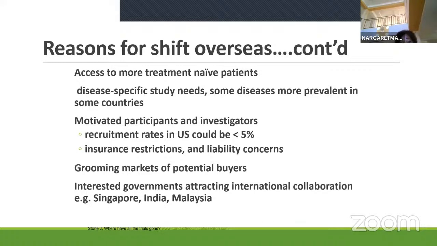Recruitment rates in the United States could be less than 5% because of the need for insurance, restrictions, liability concerns, etc. And when you try a product in a country with high prevalence of the disease, you are likely to get a better market for it. Next slide, please.